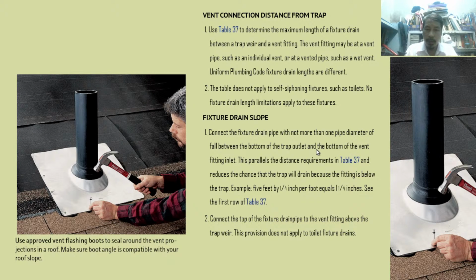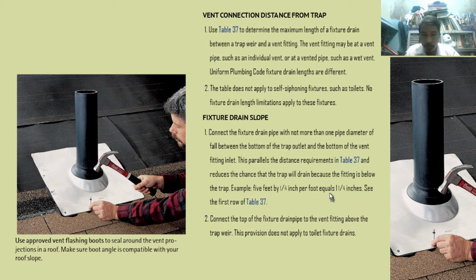Example, 5 feet by 1/4 inch per foot equals, okay, so that is the slope, no? 5 feet by 1/4 inch per foot equals 1 and 1/4 inches, okay? So that is the example computation, okay? If you multiply 5 by 1/4, that is 1 and 1/4 inches.